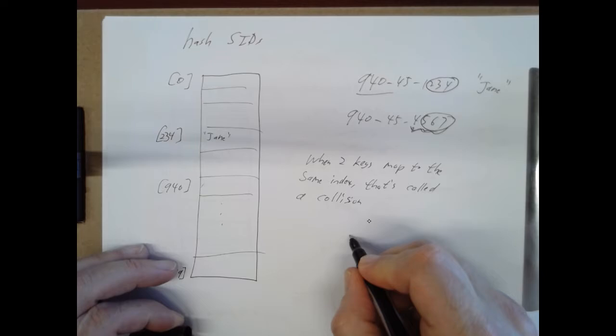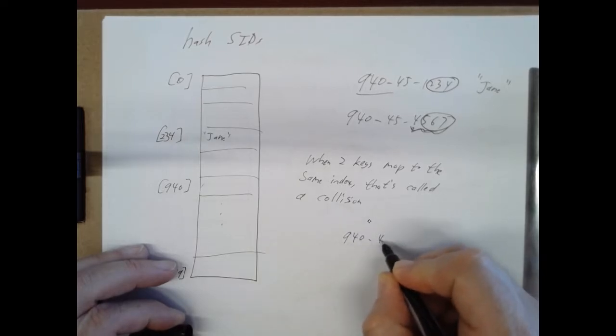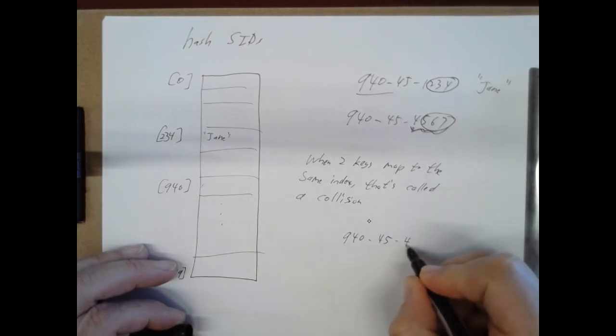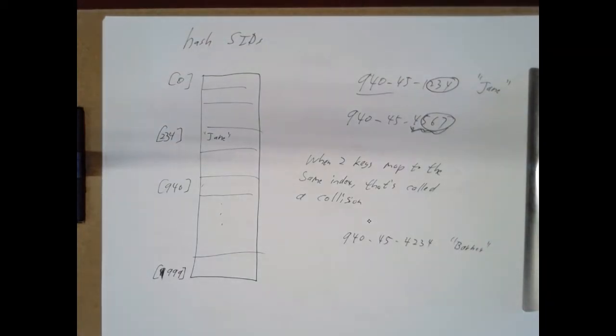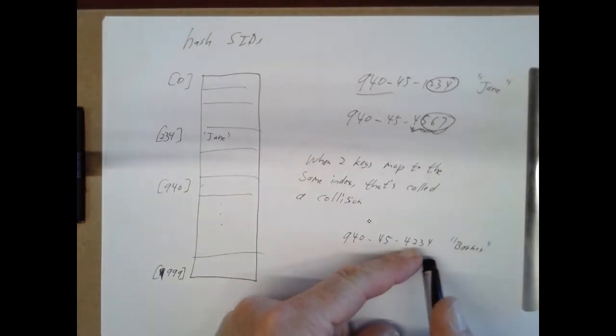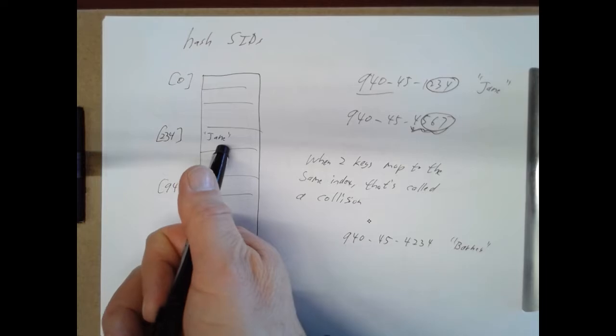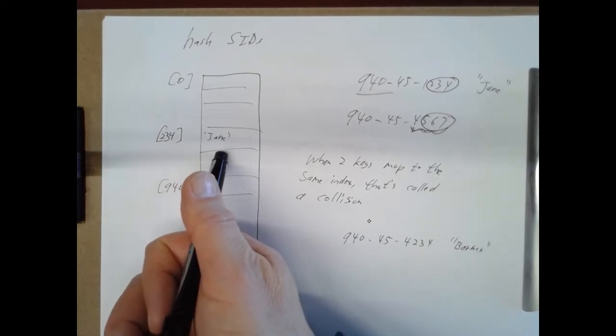And now another student comes in. And this is a purple dinosaur. 4234, and we'd like to store 4234 hashes to location 234. We'd like to store Barney there, but Jane is already in that location.